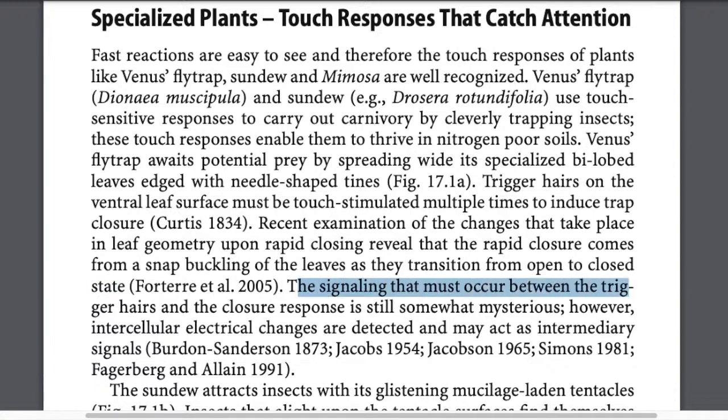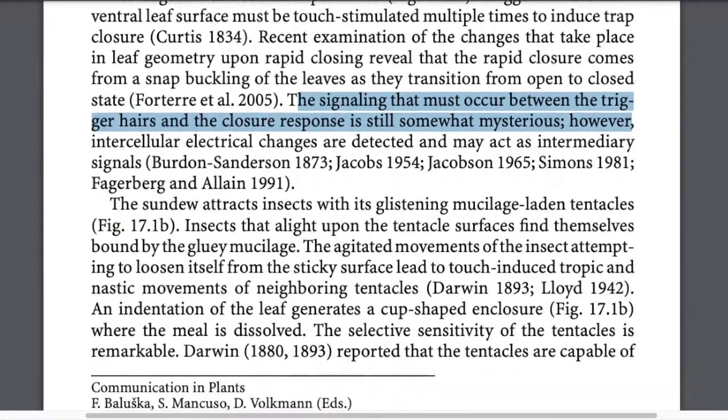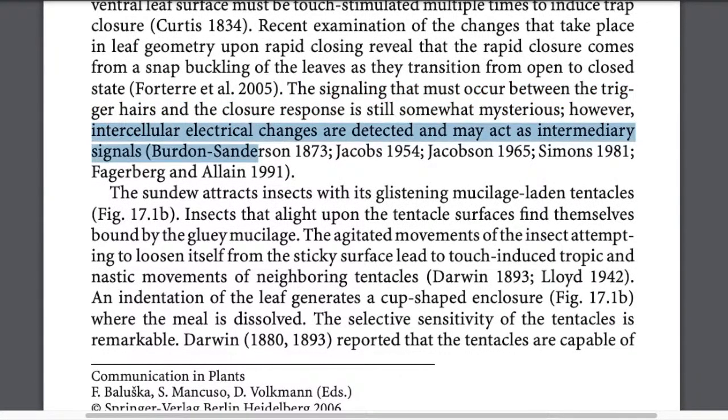The signaling that must occur between the trigger hairs and the closure response is still somewhat mysterious. However, intercellular electrical changes are detected and may act as intermediary signals. The sundew attracts insects with its glistening, mucilage-laden tentacles. Insects that alight upon the tentacle surfaces find themselves bound by the gluey mucilage.